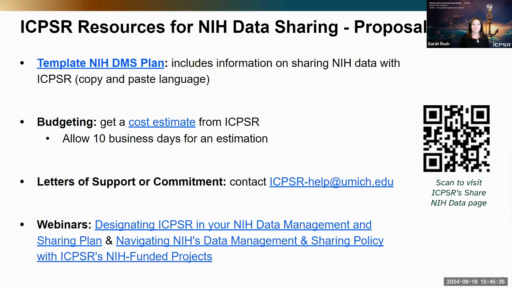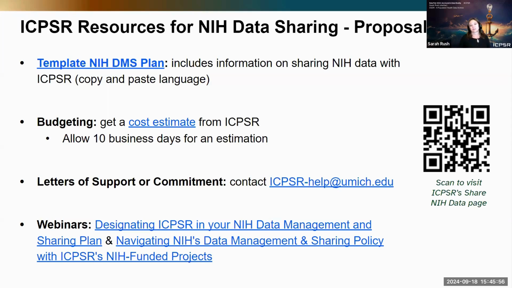Next slide. On the ICPSR Share NIH data page, which you can access using the QR code we have displayed right on the right-hand side, you can find links to a number of helpful resources to help with the proposal phase and beyond, including a template NIH data management and sharing plan, which includes pre-filled information about ICPSR and its topical archives that you can modify as needed should you choose to share data with us.